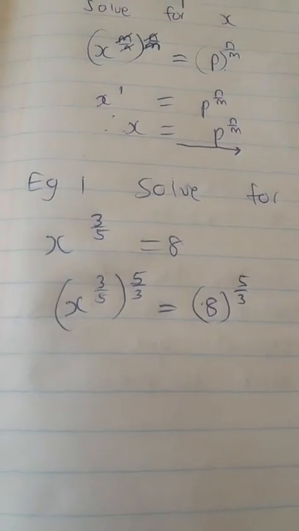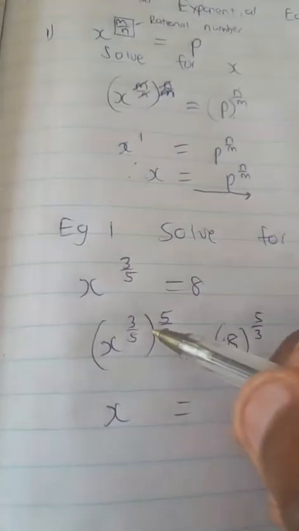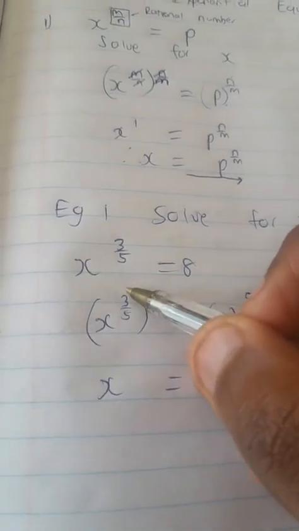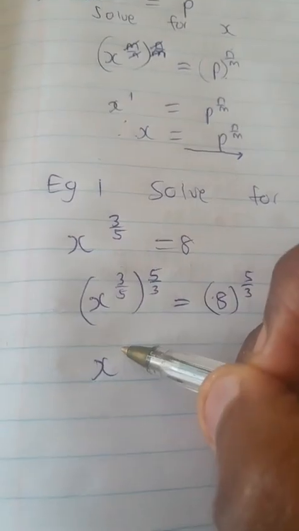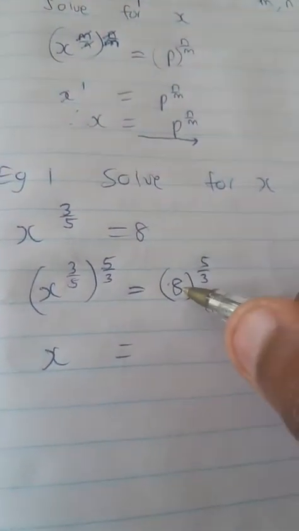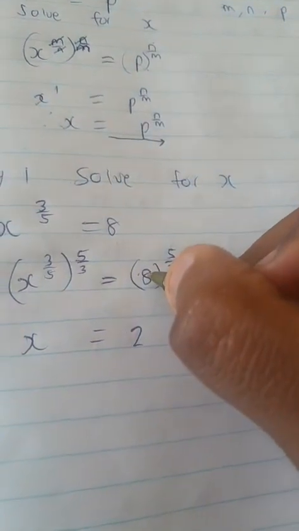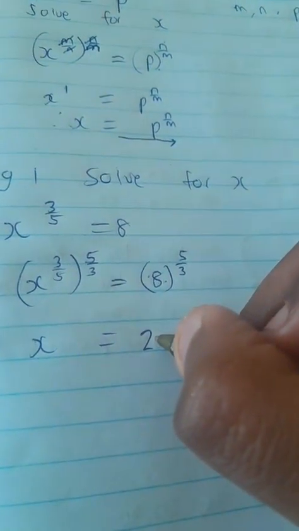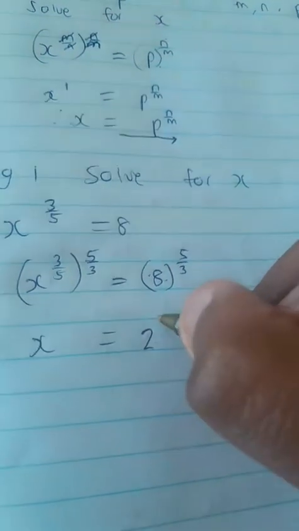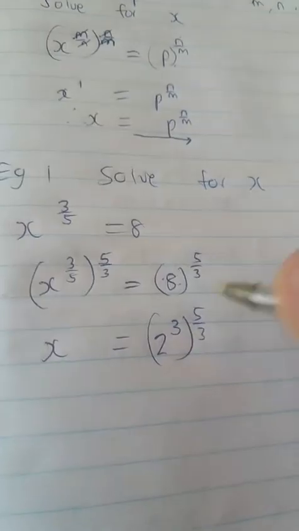Okay, so far so good. Then x is equal to, obviously what happens here, 3 over 5 times 5 over 3 becomes x to the power 1. Then on the right-hand side, the number 8 can be converted to the prime base 2 to the power 3. I hope you guys can see that. Very, very important.